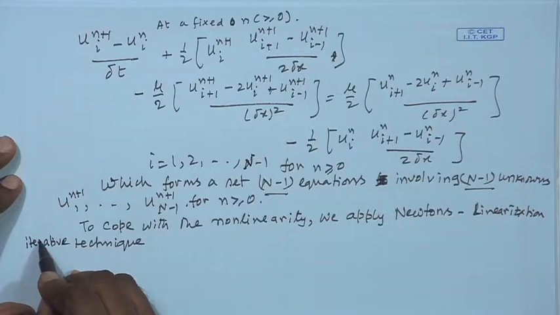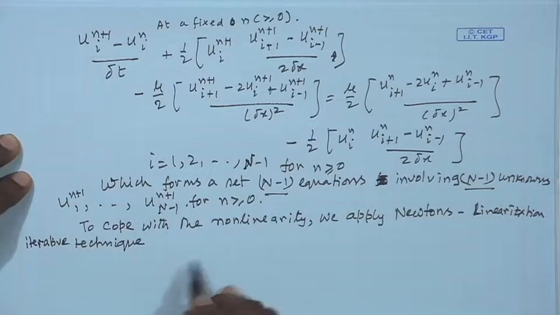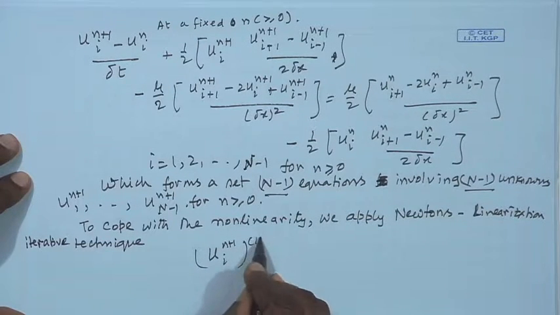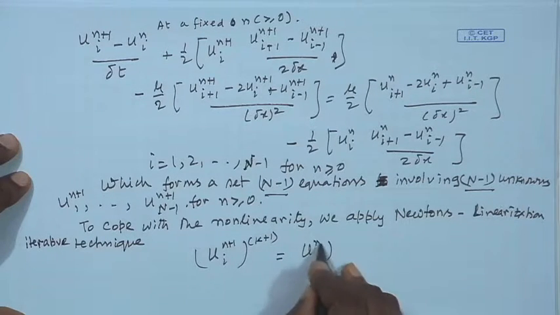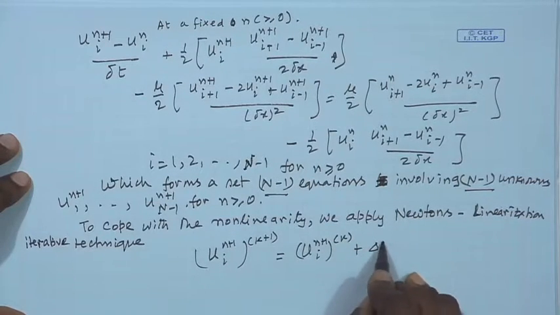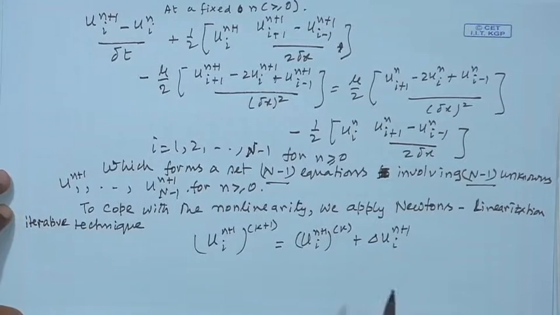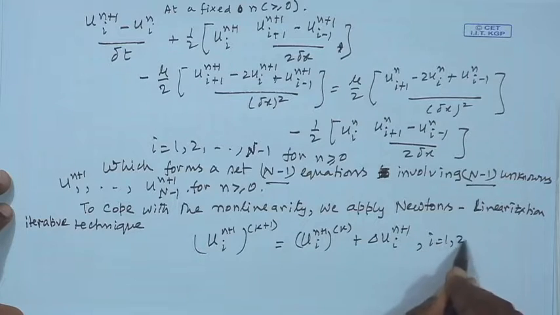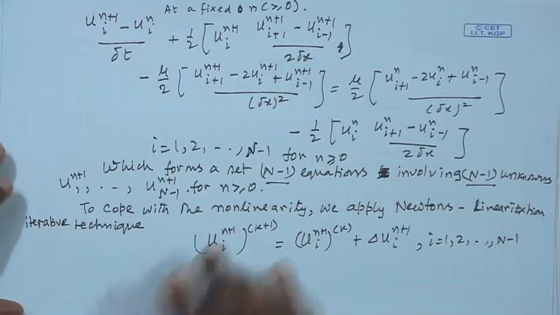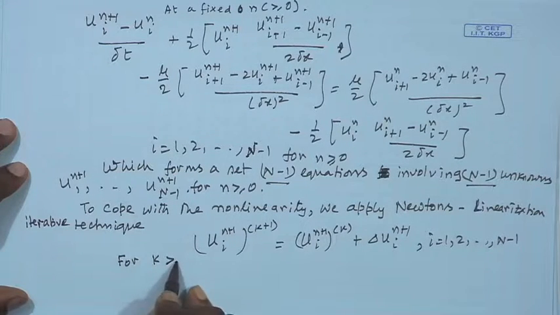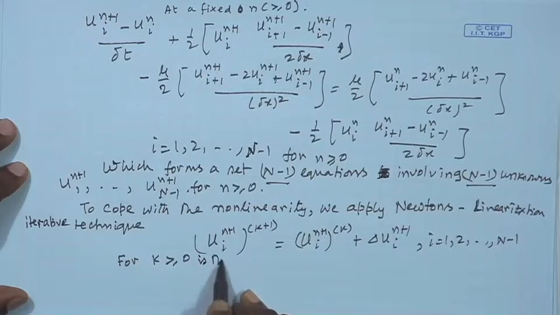In this iterative technique, u_i^{n+1} at the (k plus 1)th iteration, which is not known, is approximated as u_i^{n+1} at the kth iteration plus an error, for i equal to 1 to N minus 1, where k greater than or equal to 0 is the iteration index.